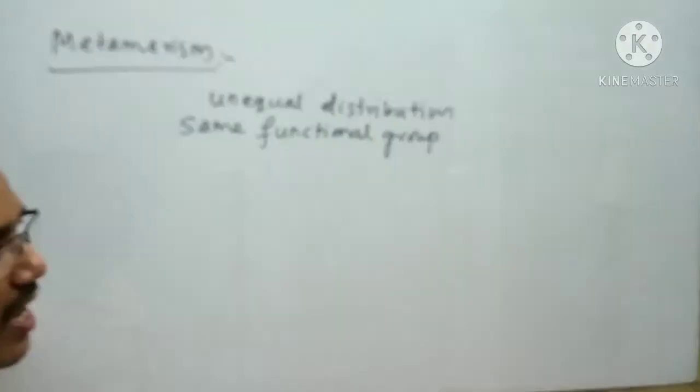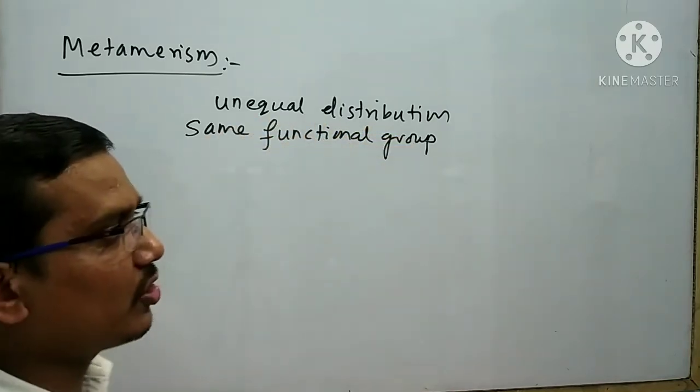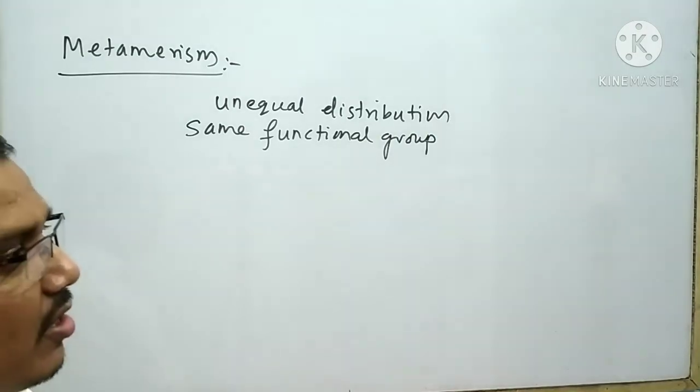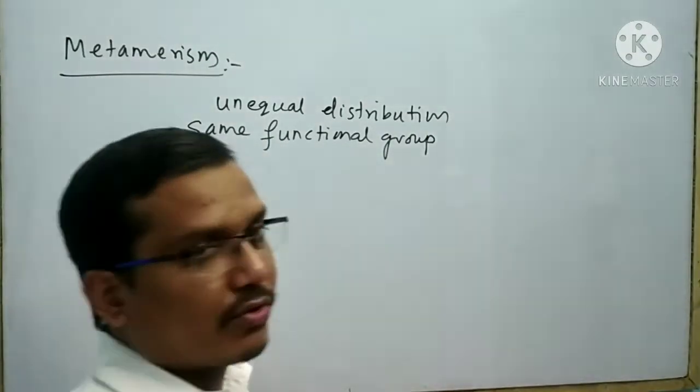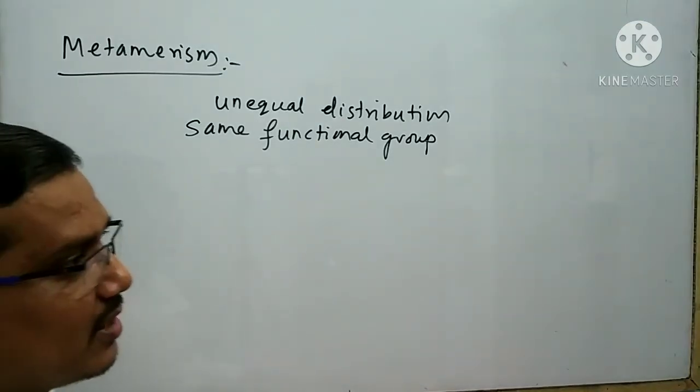Again I will repeat, isomerism arises due to the unequal distribution of carbon atoms on either side of the same functional group in molecules of compounds belonging to the same class.